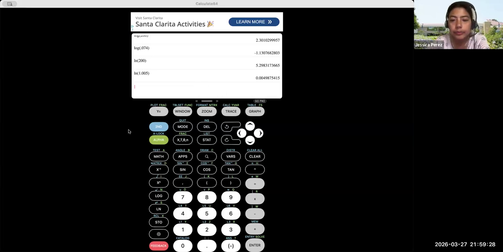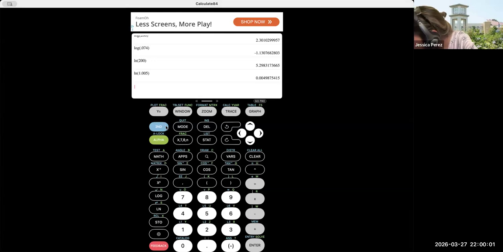And then what we're going to do next is use ln of 1.005.